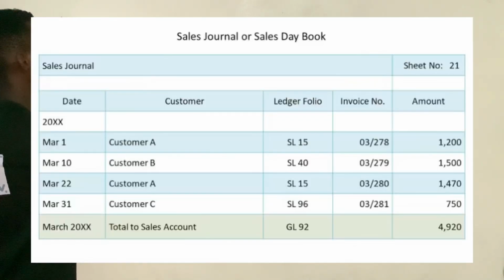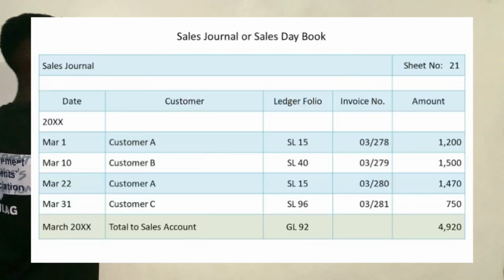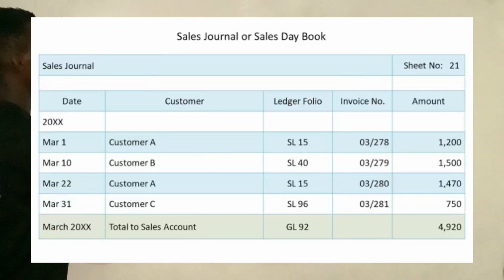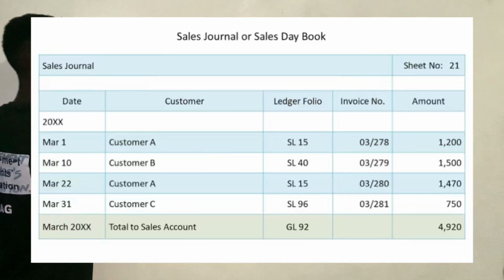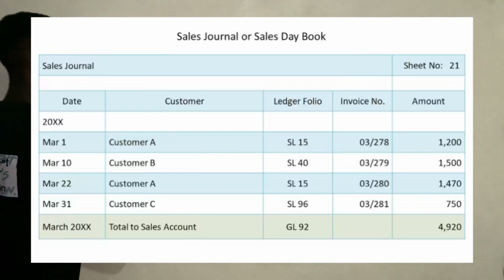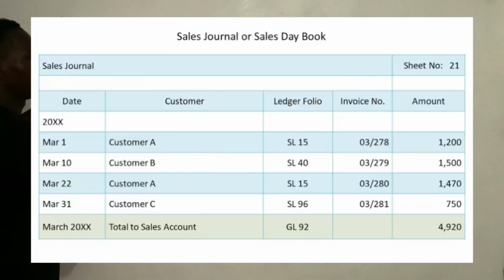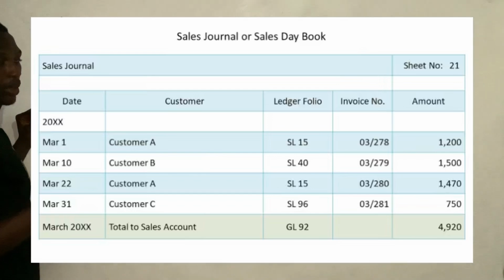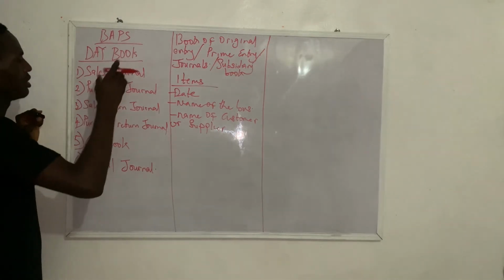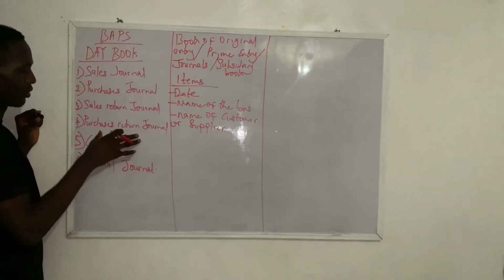So we have our date, we have the name of the business or organization, we have the name of the customer or supplier. Now, before I proceed, this format or these items that I'm talking about relate to these four.